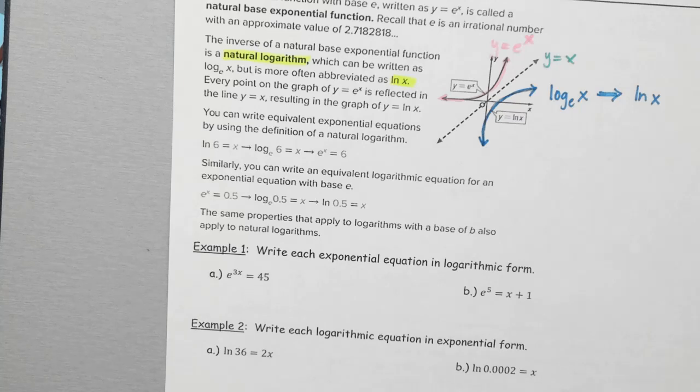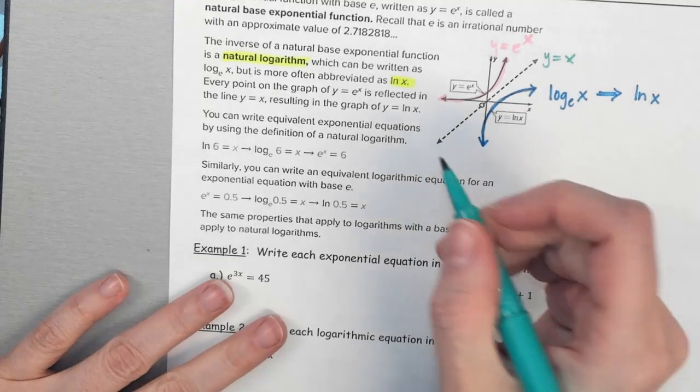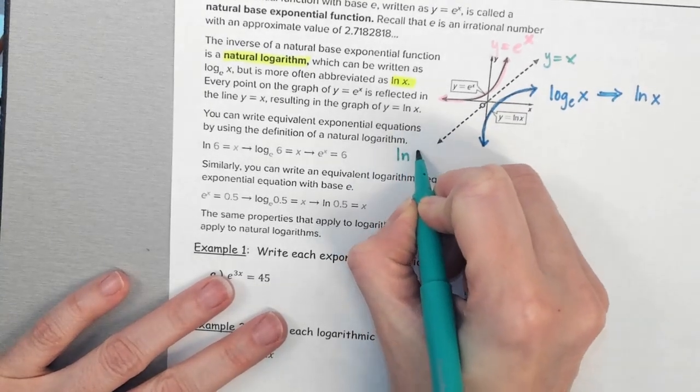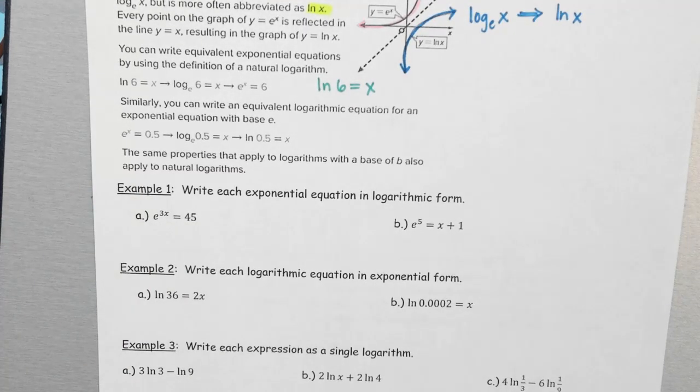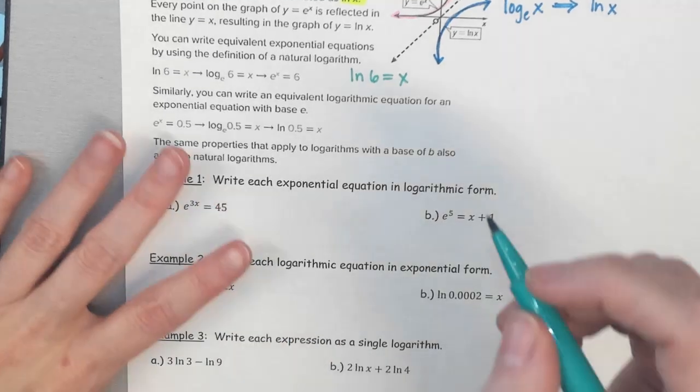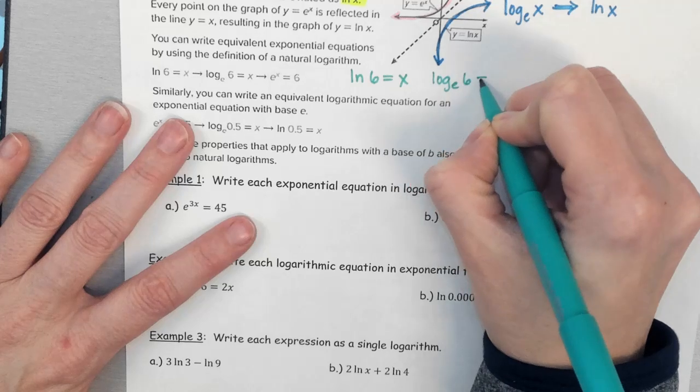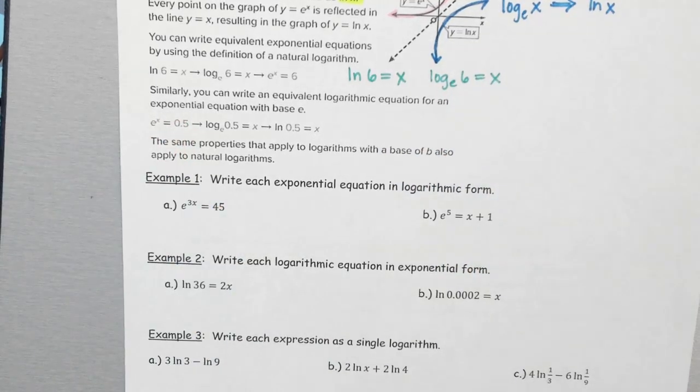So today we're going to write equivalent exponential functions. An example that they give you is the natural log of 6. If you have the natural log of 6 equal to x, that is the same thing as log base e of 6 equal to x.